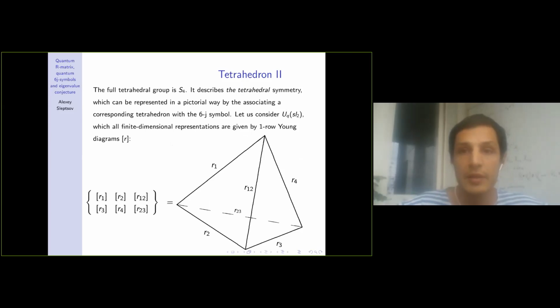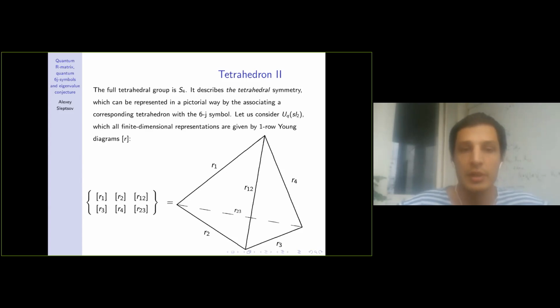Let us consider the SL2 case, where all finite dimensional representations are given by one row Young diagrams. Let us consider an arbitrary such 6j symbol with 4 arbitrary representations. Now, values of these R's are nothing but positive integers which satisfy so-called fusion relations.